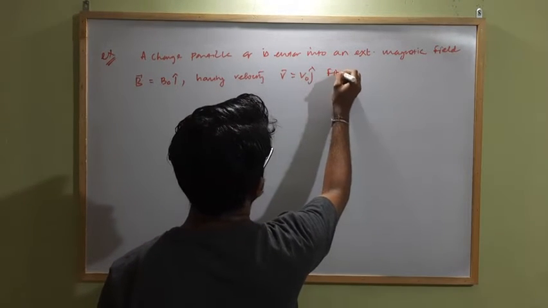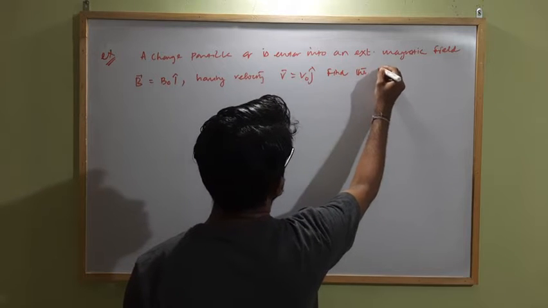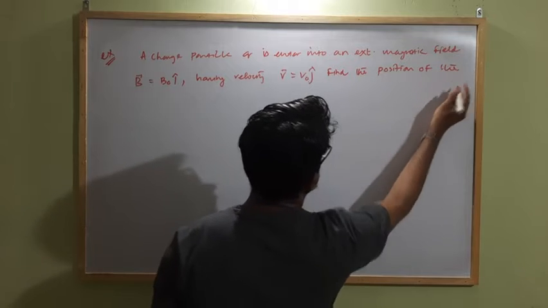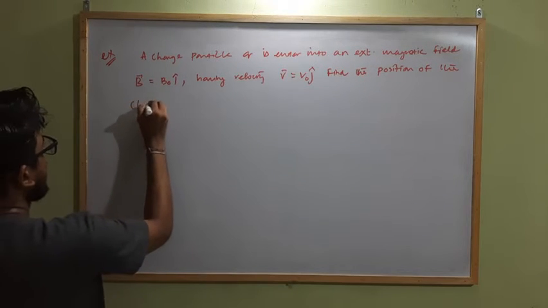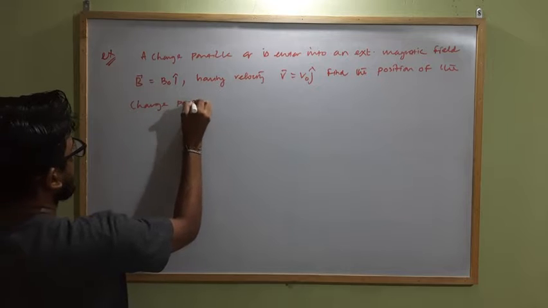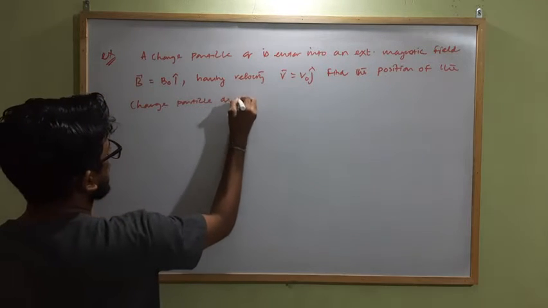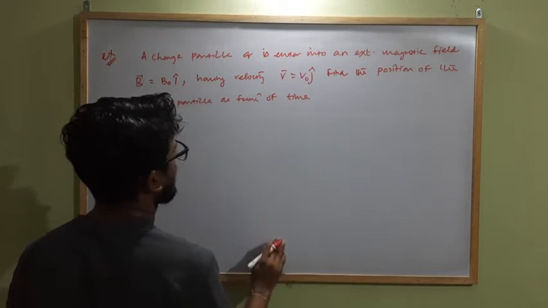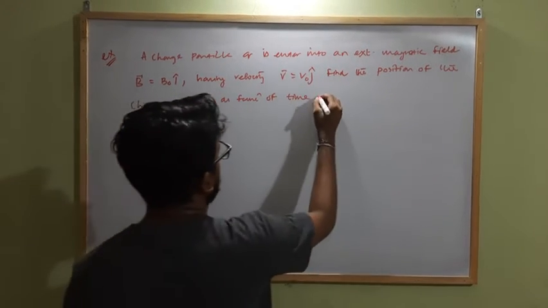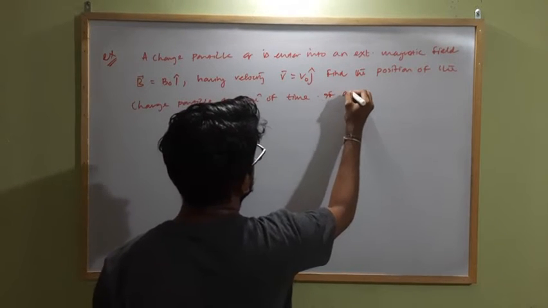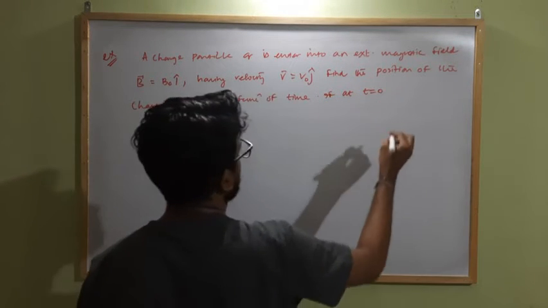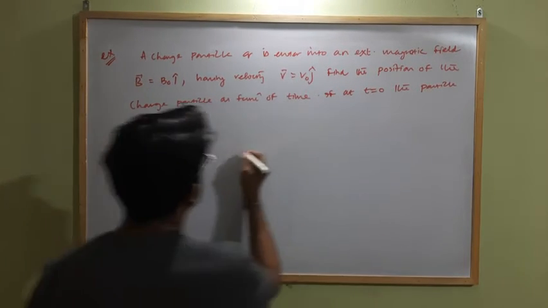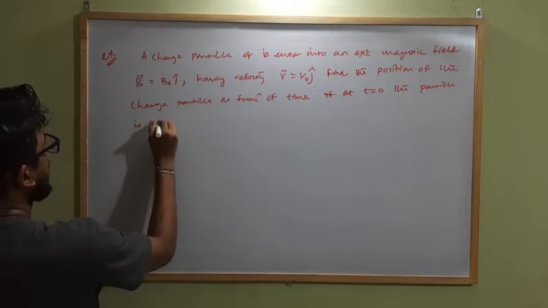Find the position of the charged particle as a function of time if at t equal to 0 the particle is at origin.